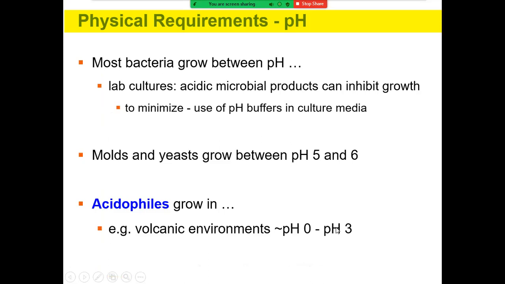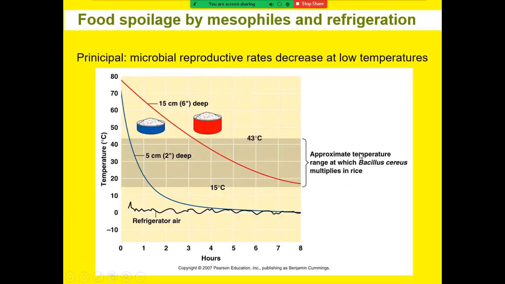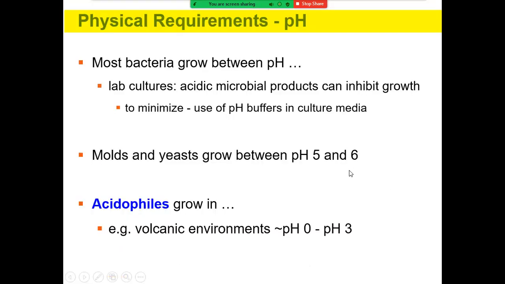Most bacteria grow best between pH about 6.5 and 7.5. But all organisms have an optimal pH where they grow best.